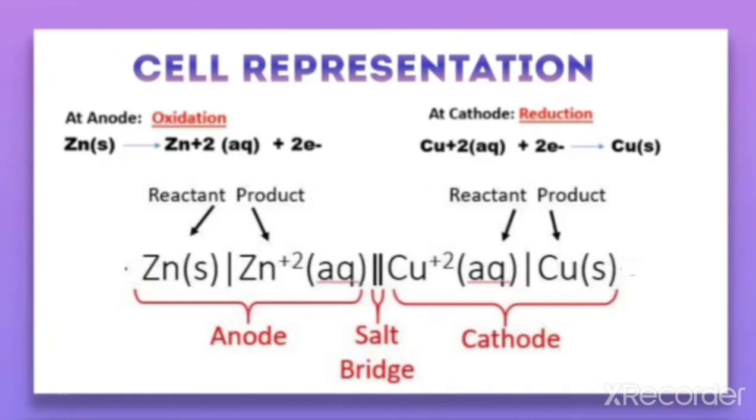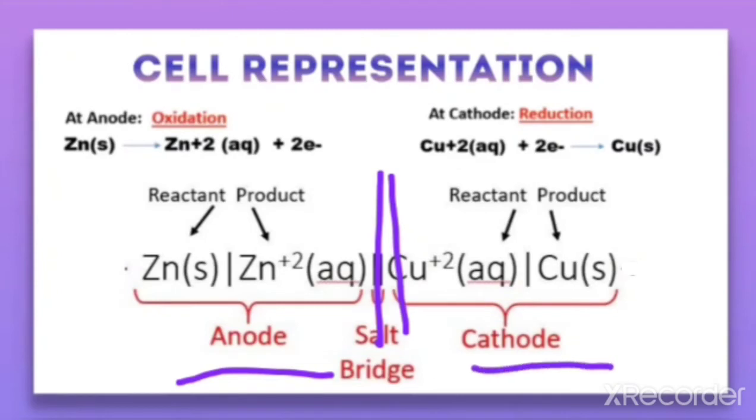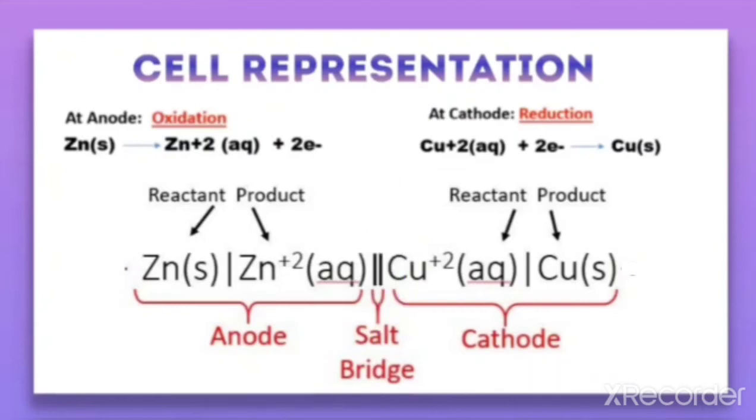So while writing the cell representation, first you make the two lines representing the salt bridge, and the oxidation reaction, that is the reaction taking place at the anode, is written on the left hand side of it, and on the right hand side the reduction reaction is written, that is reactant bar product.